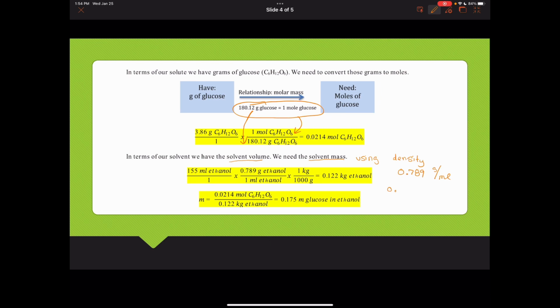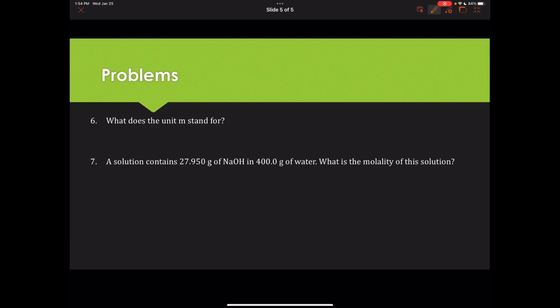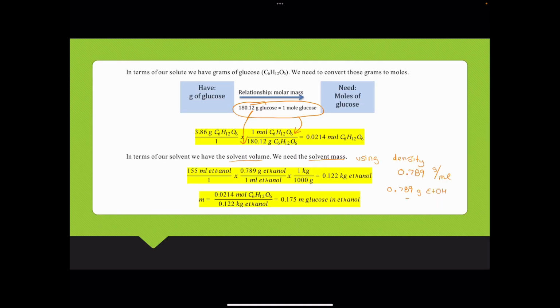So that means we've got 0.789 grams of ethanol in 1 milliliter of ethanol. We're just abbreviating this EtOH, so Et for the ethyl, the OH to indicate the alcohol.